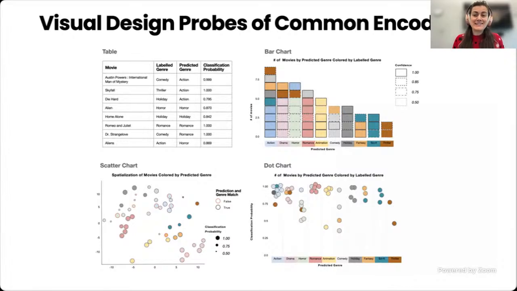We also included a table, which may or may not be controversial, and this is because most of our participants who were engaged in some form of data analysis but had varying expertise, ranging from a machine learning engineer to a data analyst, all routinely used tables and Excel to do their analysis. So the table was our baseline, and then we looked on to visual probes using some very common visual encodings.